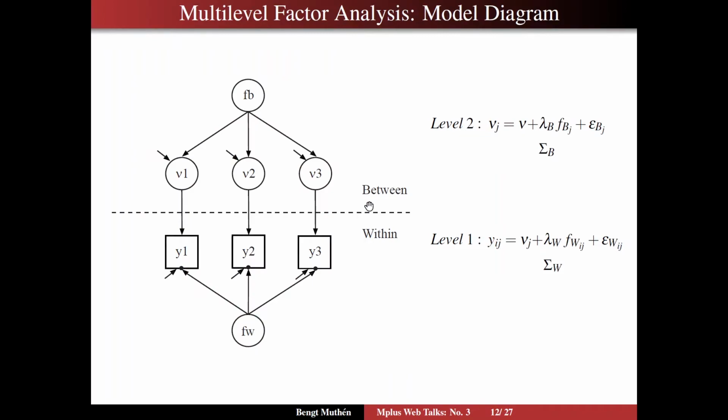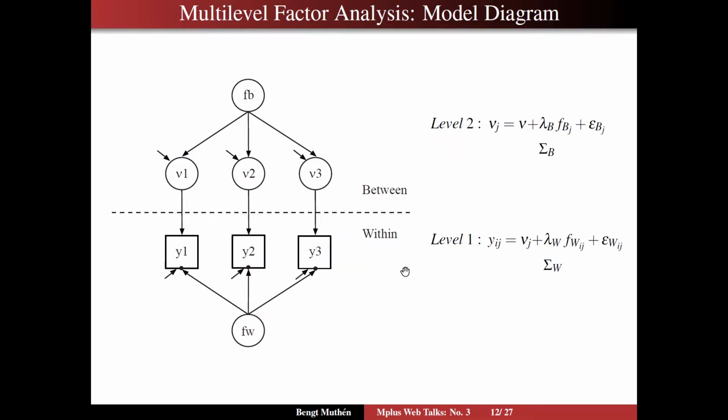Turning then to slide 12, I repeat these 2 equations, the level 1 equation and the level 2 equation, and try to show this in diagram form, because it's easier to talk about general modeling and relationships between models through diagrams than formulas sometimes.